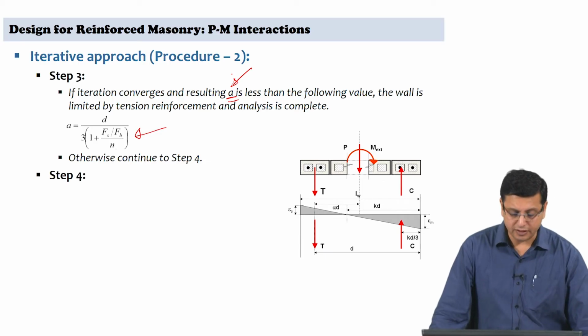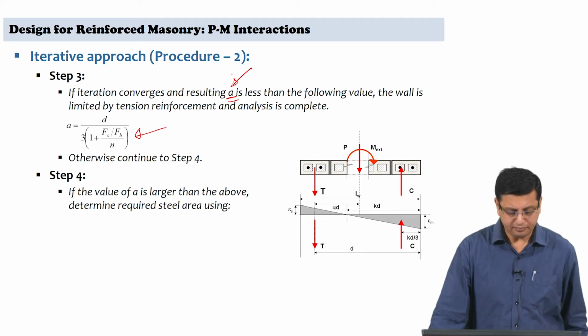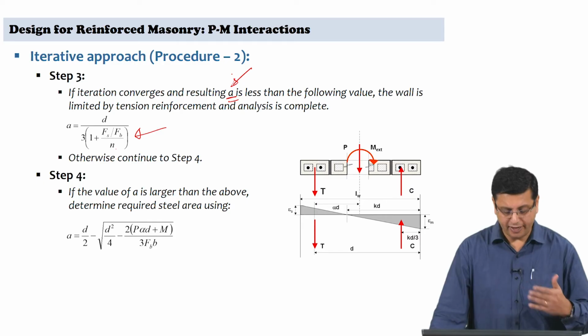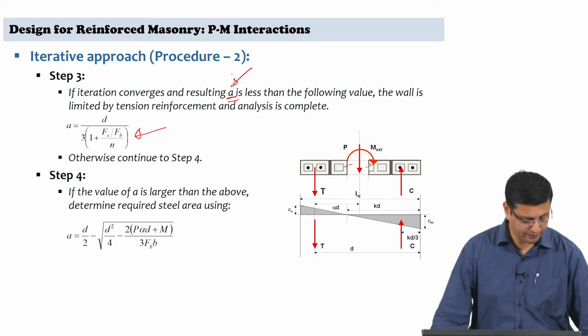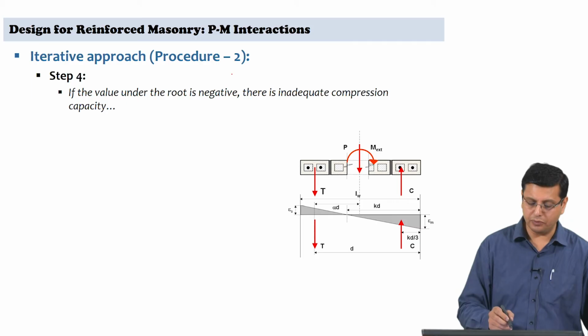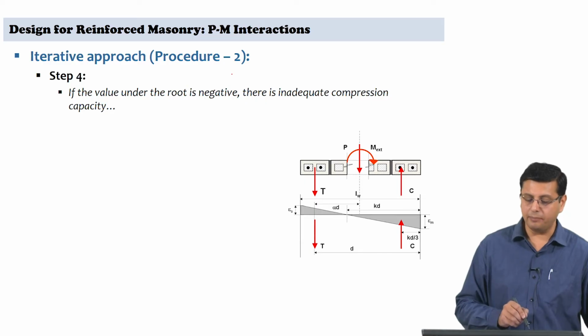So, if it is so, you proceed to the next step and then calculate the area of steel corresponding to an A given by the expression here, and in this case you might have a situation where the under root in the previous term can become negative.